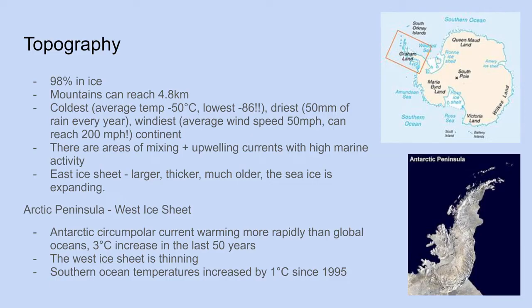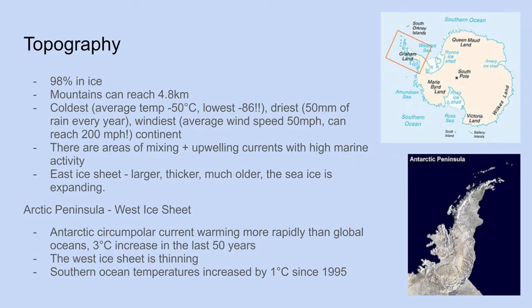In terms of cold, the average temperature is -50 degrees Celsius, and the lowest can reach -86, which is very cold. There's only around 50 millimeters of rain every year. The average wind speed is about 50 miles per hour, but can reach 200, which is extremely fast. If you're caught in that, you will not survive.